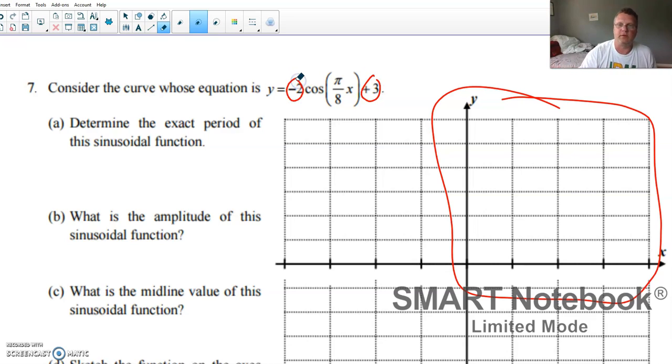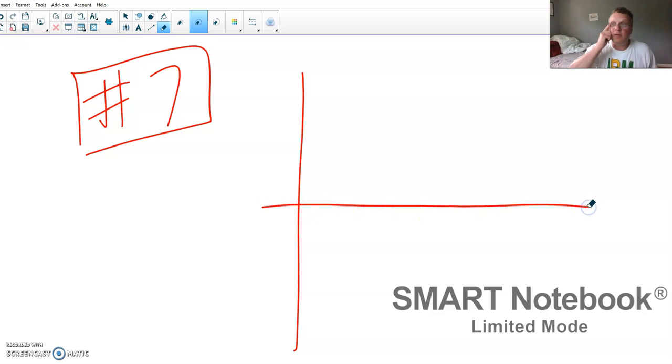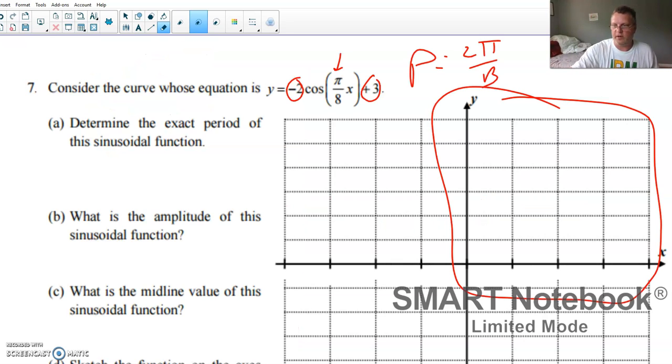Now you have to find the period by 2 pi over b. The only thing that we haven't seen yet is having numbers instead of radians, you know, the 2 pi and the pi over 2. So if you have something like this, here's your 1, 2, 3, 4, because those are the 4 right here.